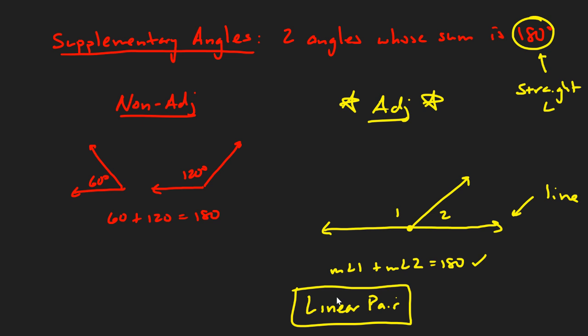So again, in this picture, these two angles share that side, and together they form this line, this straight angle. So linear pairs are always supplementary. So you can assume that based off a picture, if I see a line and I see that ray going off it, those two angles are going to be supplementary.